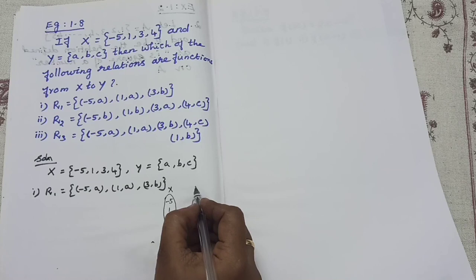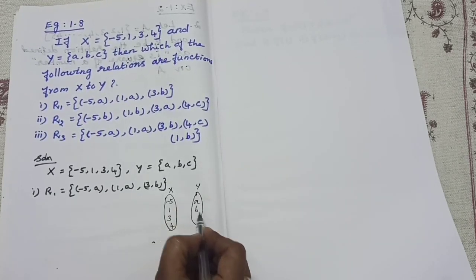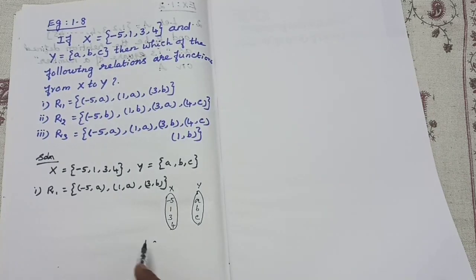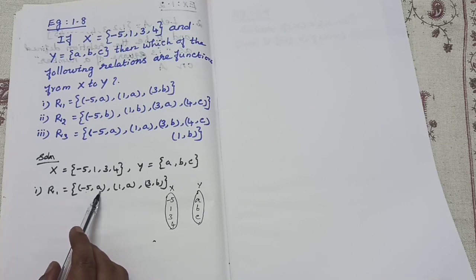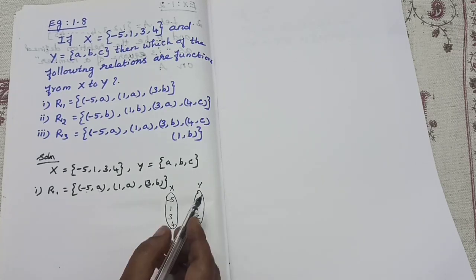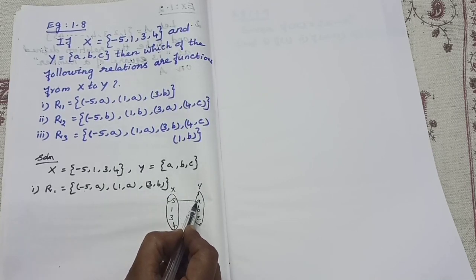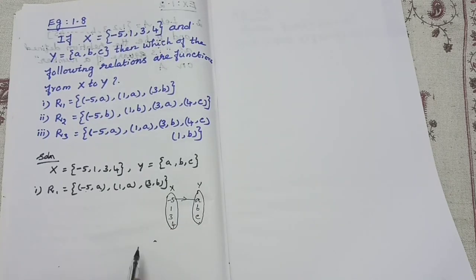Then y elements. This is y, A, B, C. Then what's the relation given here? Minus 5 and A, isn't it? Then minus 5, the image is A. And we have to put the arrow mark.